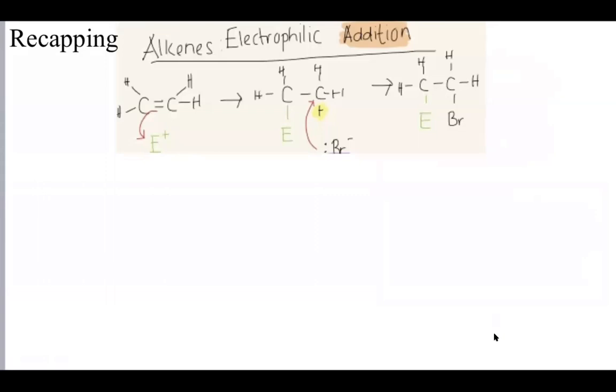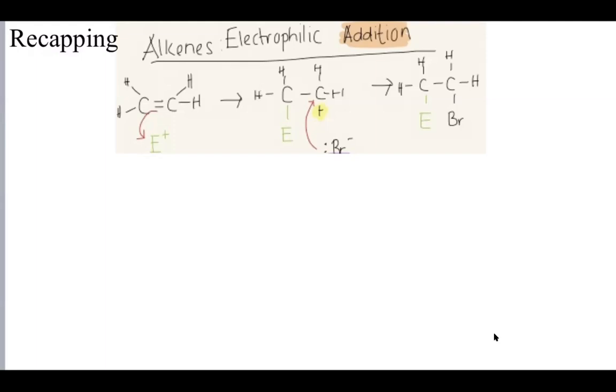So before we look at the mechanism of your benzene, I just want to recap the mechanism of alkenes. Now, even though I said that benzenes and alkenes have different mechanisms, still they have some sort of similarity. Now for alkenes, where's my pointer for this one?